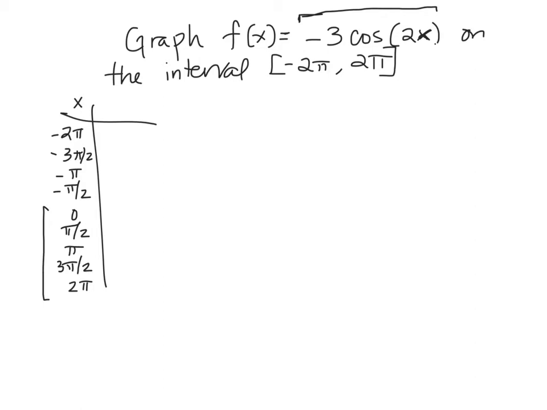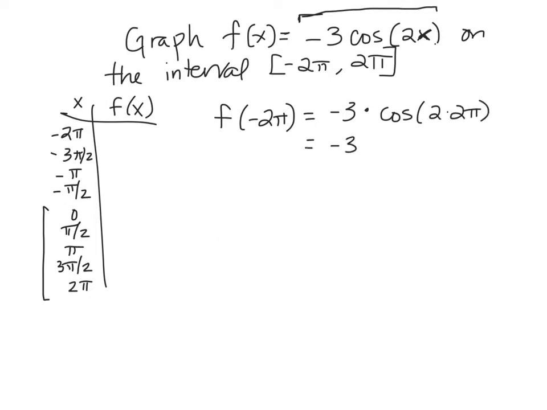So maybe I'll just do the points on this slide, just evaluate, and then do the graph on the next slide. So if we want to know f of -2 pi, that would equal -3 times cosine of 2 times 2 pi. -3 times cosine of 4 pi.